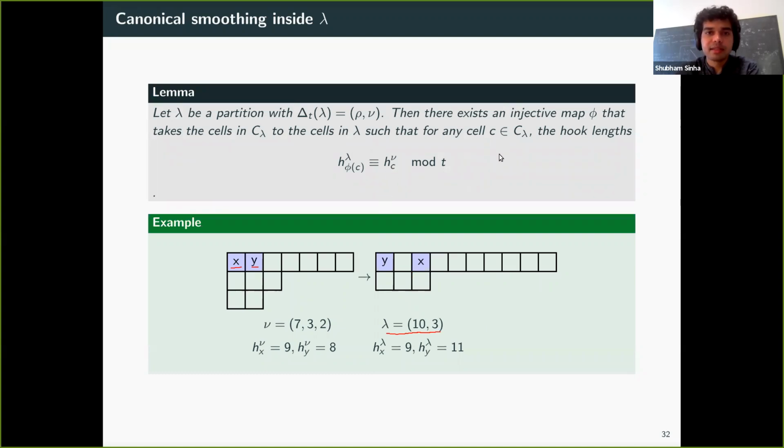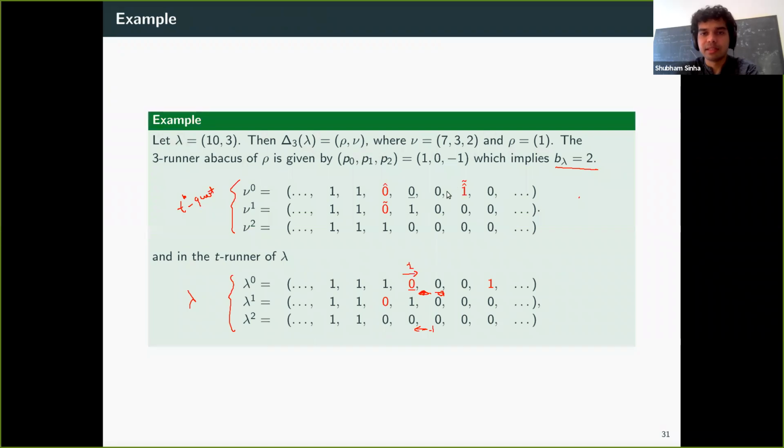What we see is that we get an injective map of C lambda, which was a subset of nu, into lambda, just by remembering these positions.